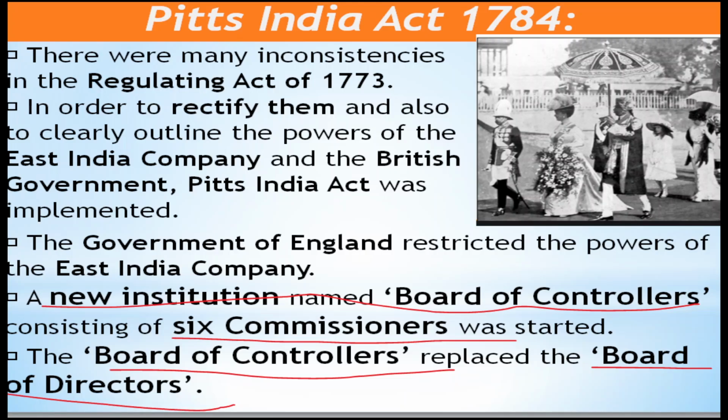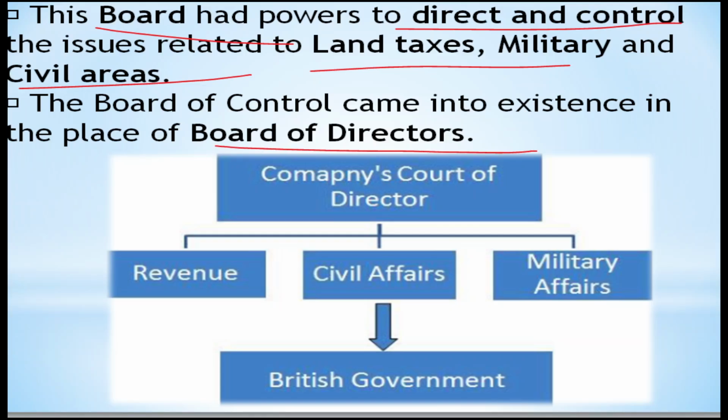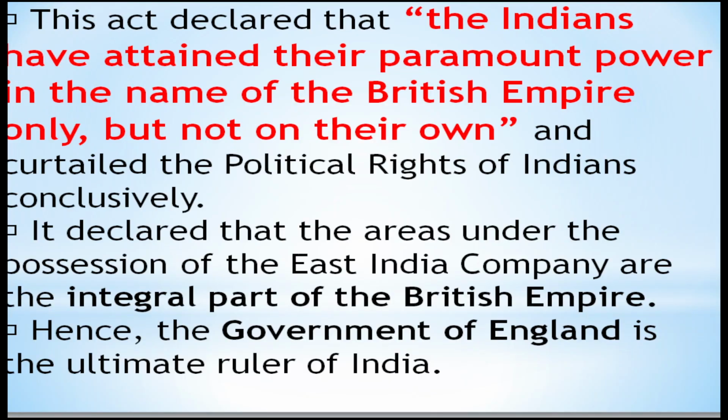The Board of Directors. Before, the Board of Directors was there; now it is the Board of Controllers, in place of that. The Board of Controllers had the power to direct and control issues related to land tax, military and civil affairs. This board came into existence in place of the Board of Directors, as we already came to know. Now move to the next.